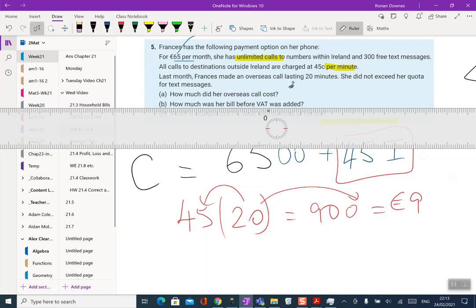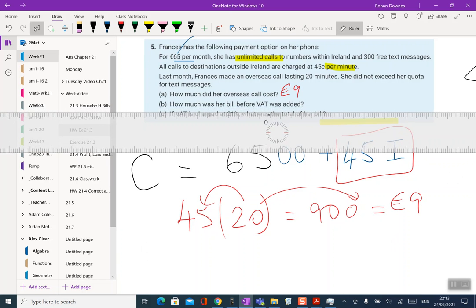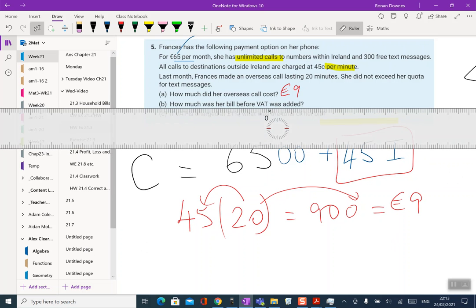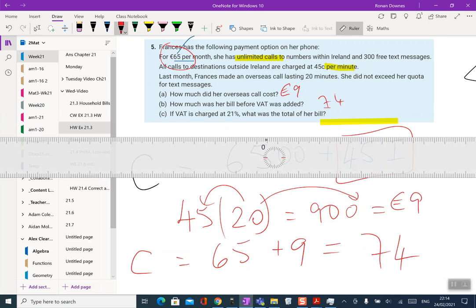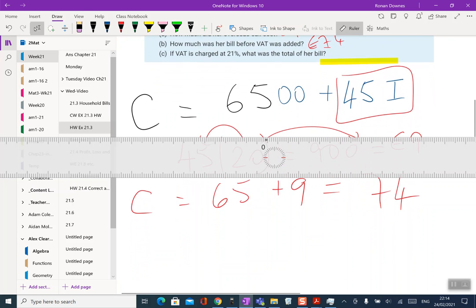Next, so we just put the €9 here. How much was her bill before VAT was added? So then we're looking at 65 and 9, which is equal to €74. And then we add VAT at 21%.